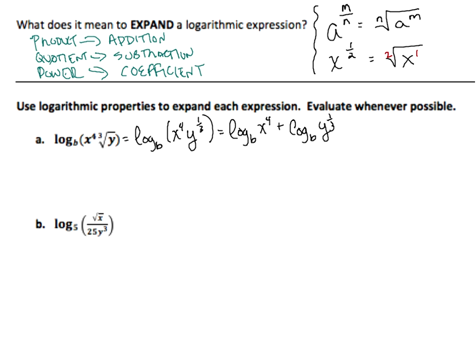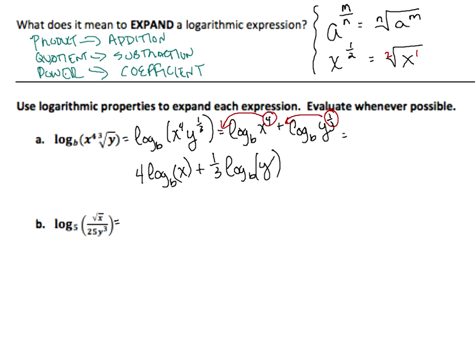The last thing I need to deal with are the powers, and they will both come out front as coefficients. So my final expanded form here is 4 log base b of x plus 1/3 log base b of y. I'll put these in parentheses showing that's what we're taking the log of. And that's it for that one.